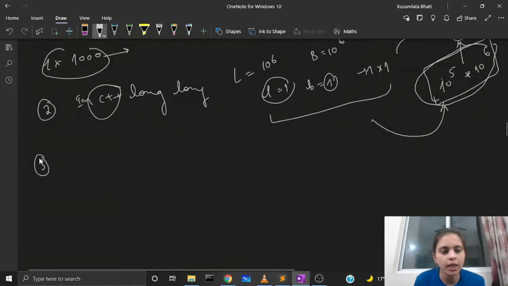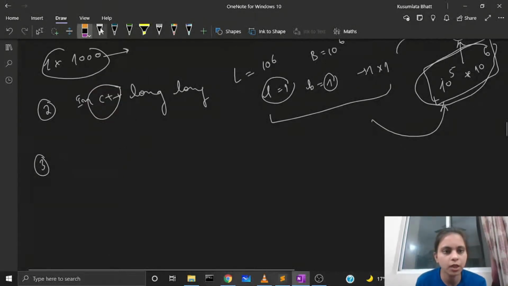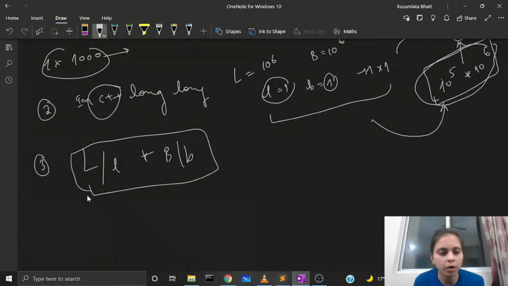Now the third mistake can be in the formula, when we apply the formula directly without using proper parenthesization. Let's say we are calculating for the first case as L by l and B by b. Then according to the programming language, associativity for division and multiplication applies, and it will first do the division of L by l, then multiply by B, and then divide the whole by small b.